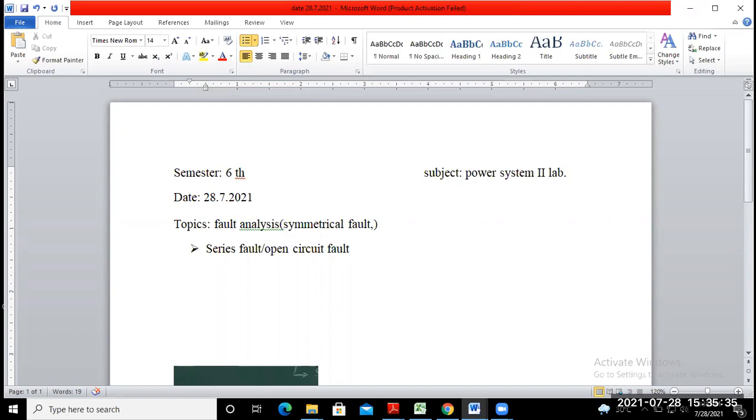Next one is the shunt type fault or shunt circuit fault.